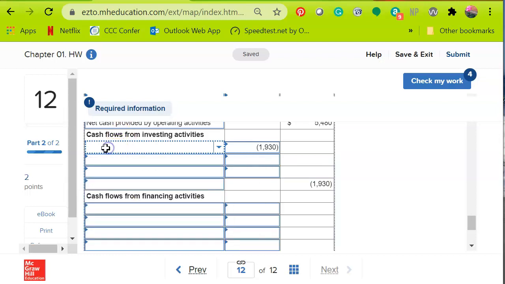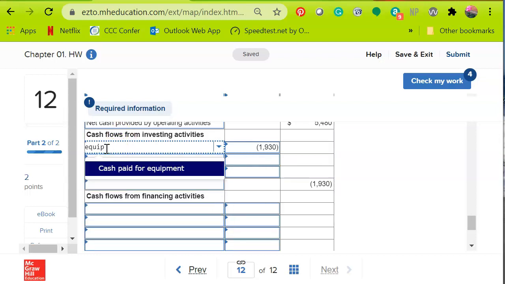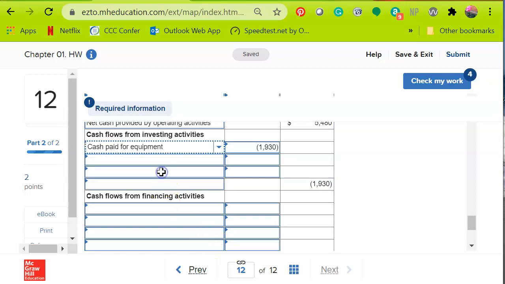Okay, let me see if I can find the word equipment anywhere. Okay, paid for equipment, so that's the line item we're going to use based on the options. If we weren't using Connect, you could have put down purchase equipment. And then I don't think there's anything else for investing. You'll see that the negative net is down here.